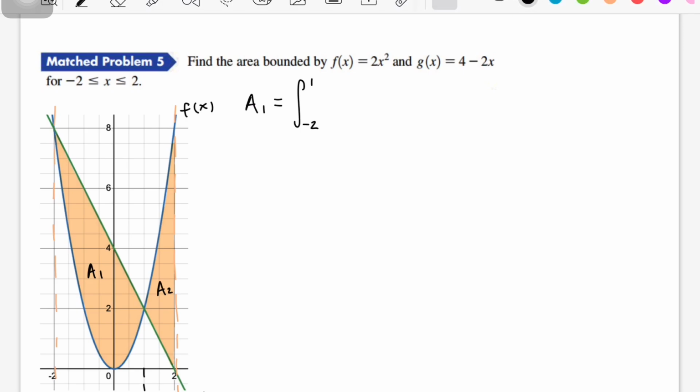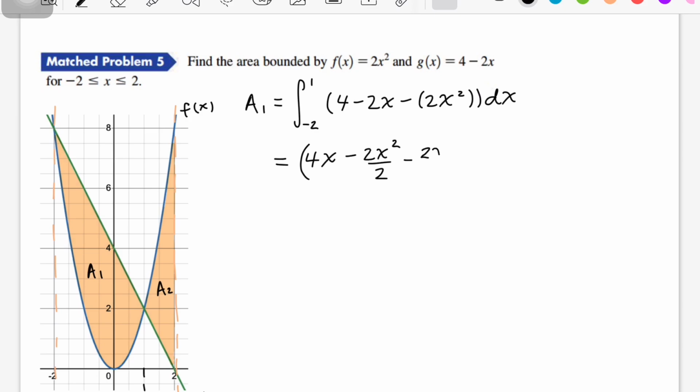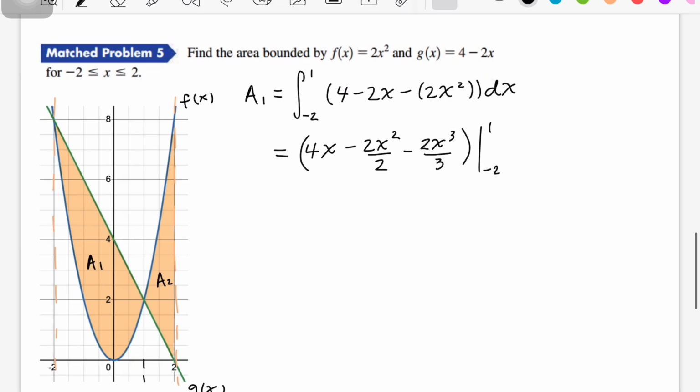And g of x is bigger than f of x, so it's going to be 4 minus 2x minus 2x squared. Taking the antiderivative, we'll get 4x minus 2x squared over 2 minus 2x cubed over 3, and we're evaluating this at these limits of integration.